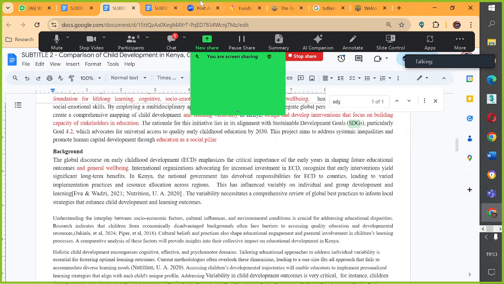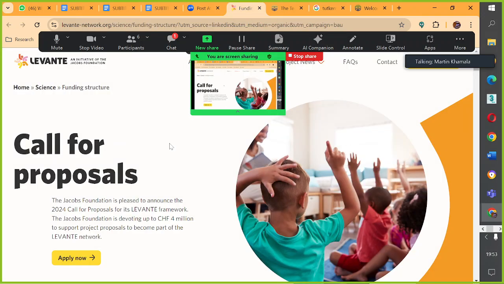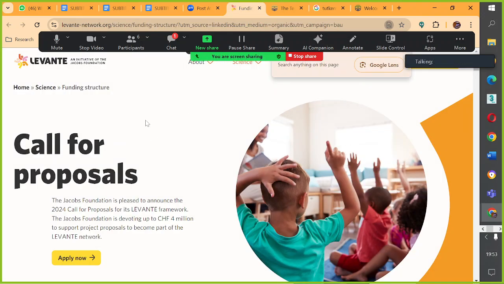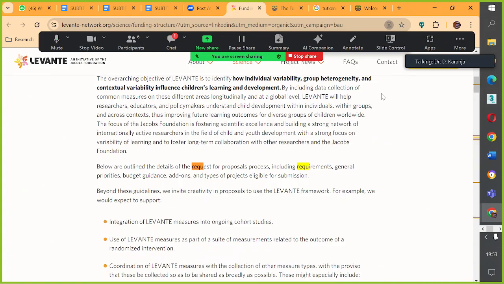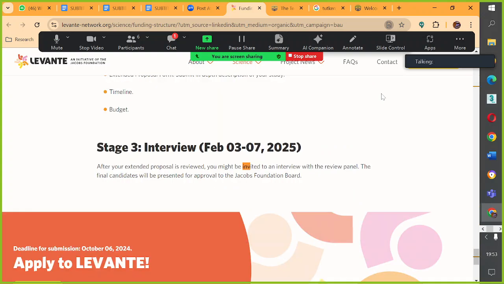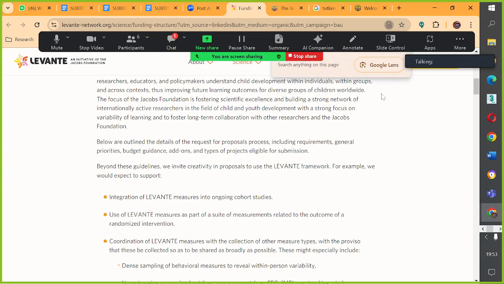This is the call. You wanted us to look for, what was it now? The requirements for the PI. So maybe right here, investigator. Okay, I'll write your requirements.